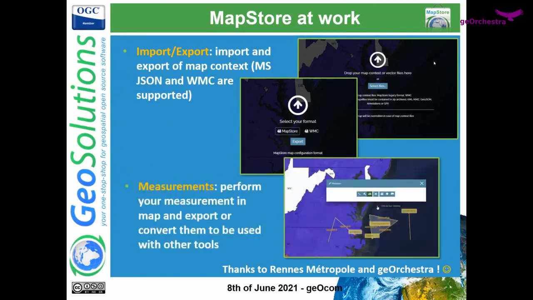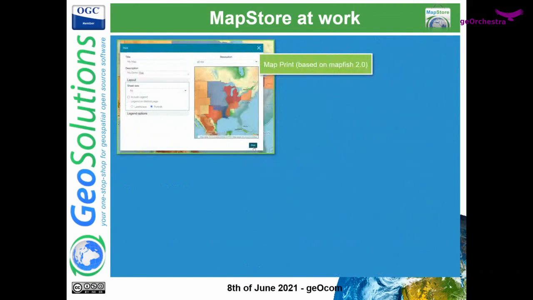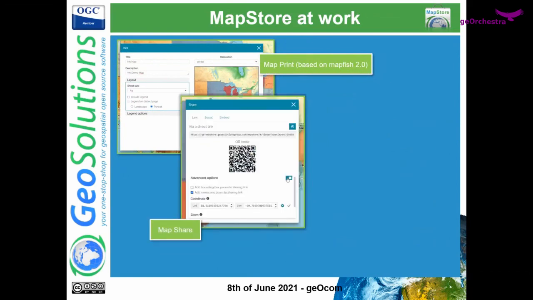The measurement tool was again improved during the geOrchestra integration. You can perform multiple measurements and export or convert them for other purposes. Obviously, there is the map print, at the moment based on MapFish 2 with some customization provided by GeoSolutions to improve the legend capabilities.